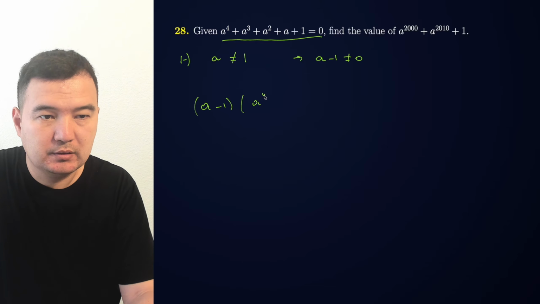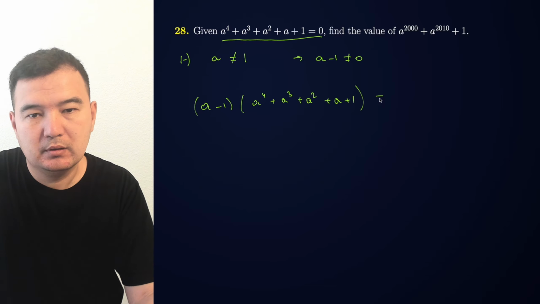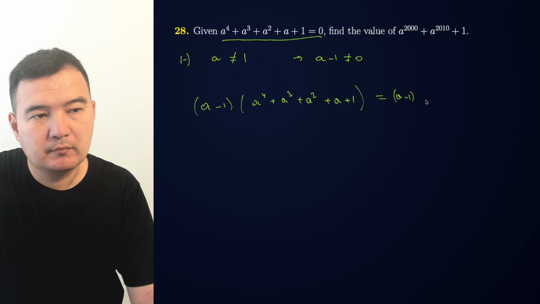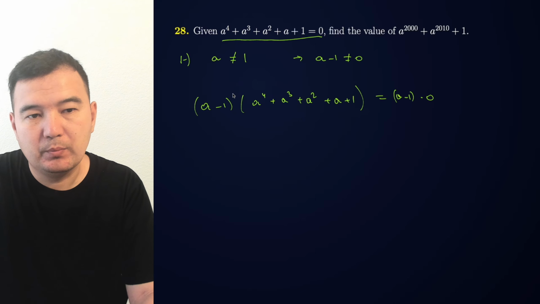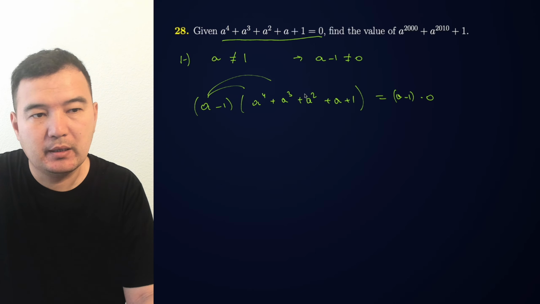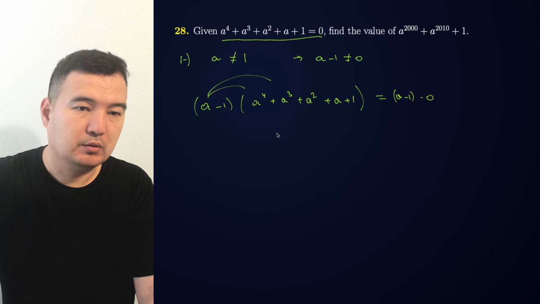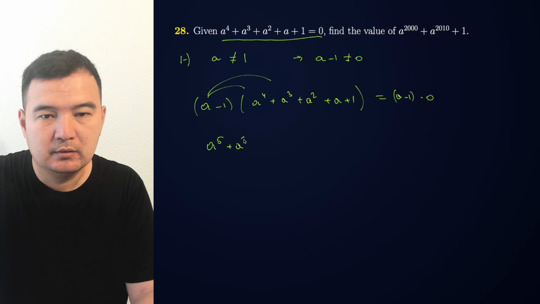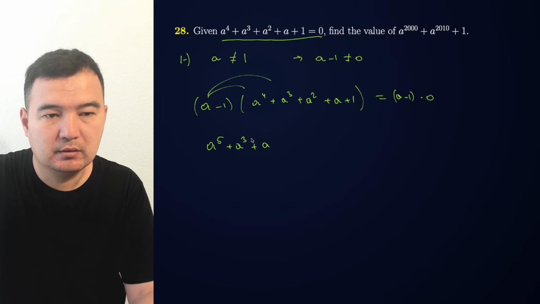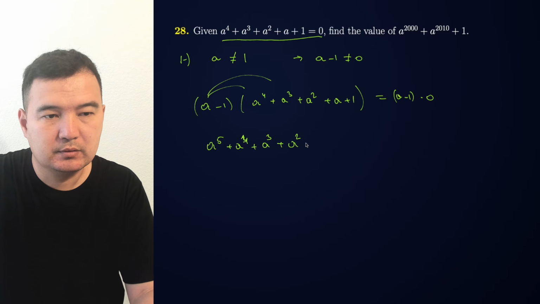The given expression, a^4 + a^3 + a^2 + a + 1, times a minus 1, is a minus 1 times 0, so here we still have 0. I need to open the parentheses. If I multiply by a, all these terms are raised by 1 power of a, so that becomes a^5, a^4, a^3, a^2, a.